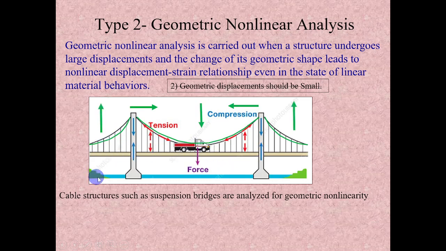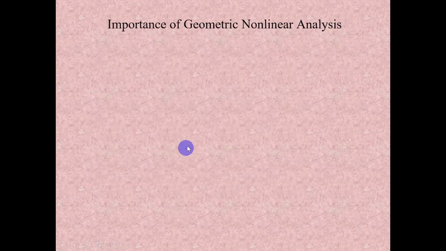The green color line represents the unloaded condition. In this case, you see the geometry is changing too much, so the coordinates of the elements keep on changing. So here we cannot use the linear elastic analysis. Here we should go for the geometric nonlinear analysis.